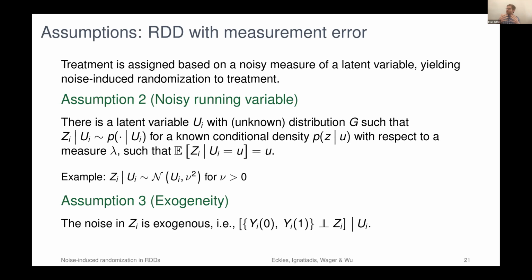So this does involve applying some additional knowledge that we have about the situation to the problem, but we think that this is often going to be quite plausible and that there are a number of settings, as we'll see, where there's rich information available about measurement error in the running variable.